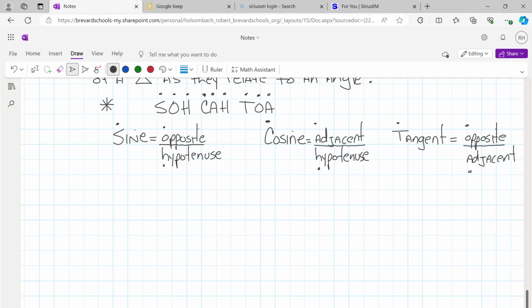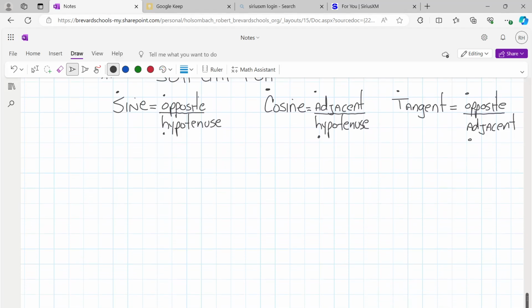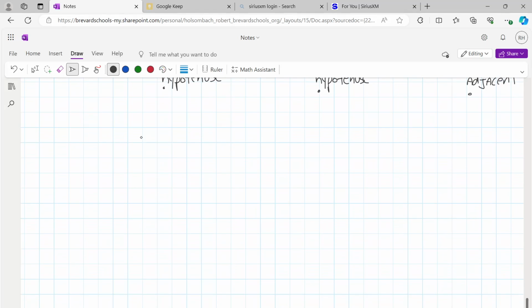Now, you're going to use these ratios this week to find side lengths in triangles. And then we're going to use the inverse function of these ratios to find angle measures in triangles. Okay? So let's get this triangle on your paper.